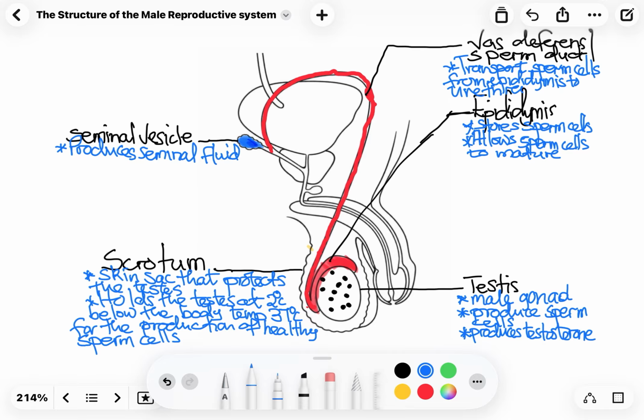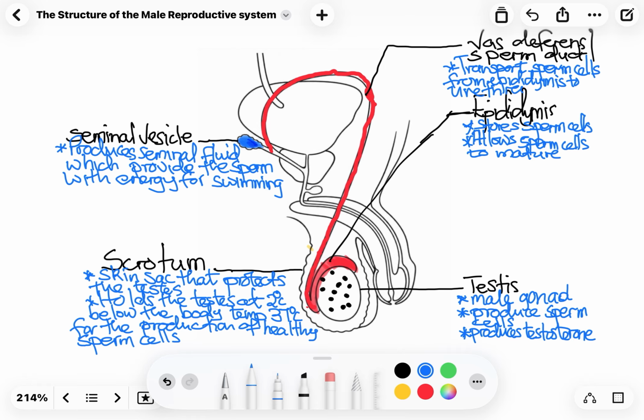This fluid, like I said before, is rich in sugars, so it provides the sperm, or sperm cells, with energy for swimming. They need to swim. They are mandated to swim.